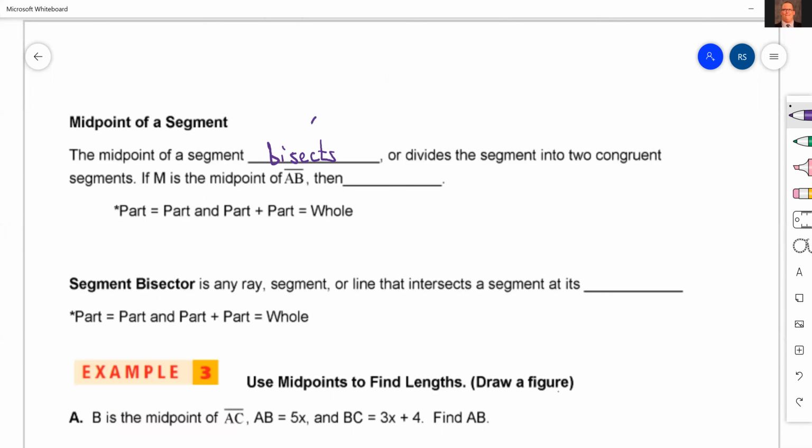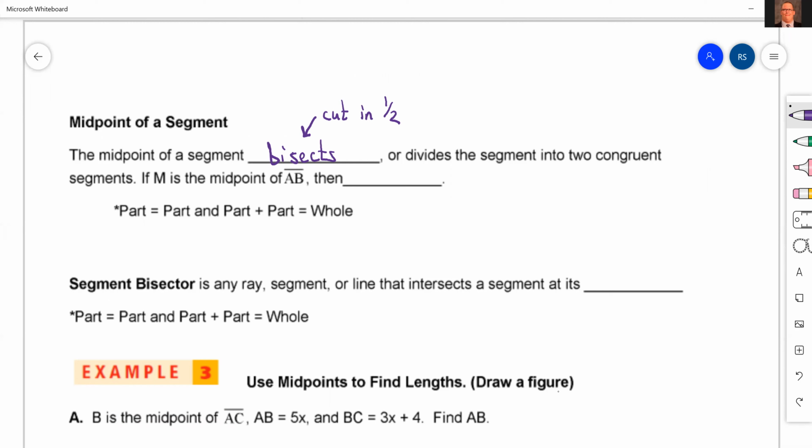So bisects, that's just a fancy way of saying cut in half. That's all bisects means. Cuts it in half. So it cuts that segment into two congruent segments.